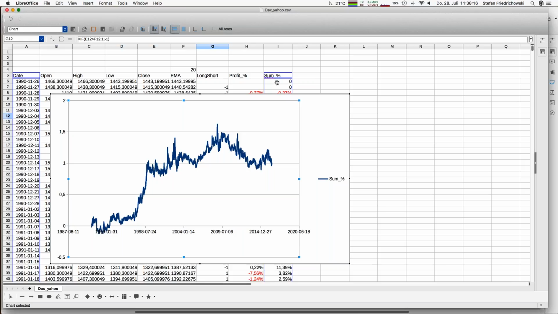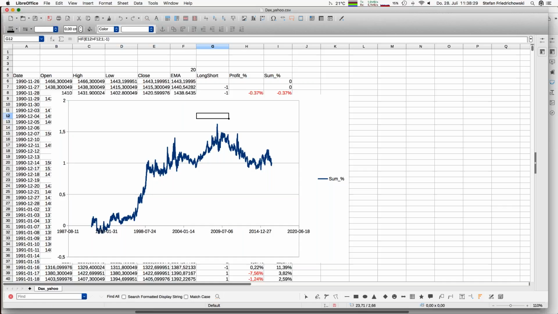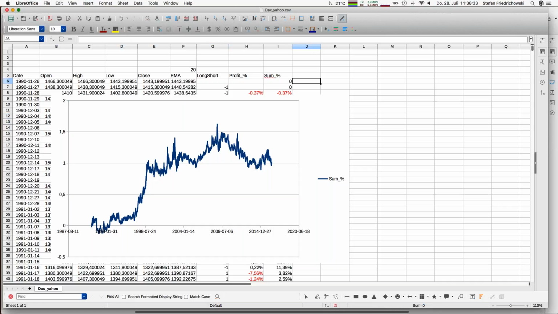I know that living with percentage numbers right now is not that easy to translate into something. Hey, how many euros do I earn with that strategy? Let's at least do another plot here, in terms of the profit in points, because then it might be a little bit easier for everybody to translate this into euro values, for example.